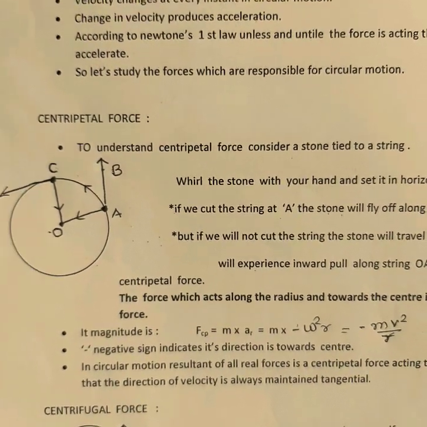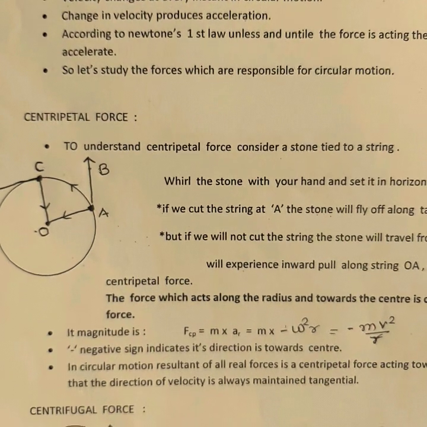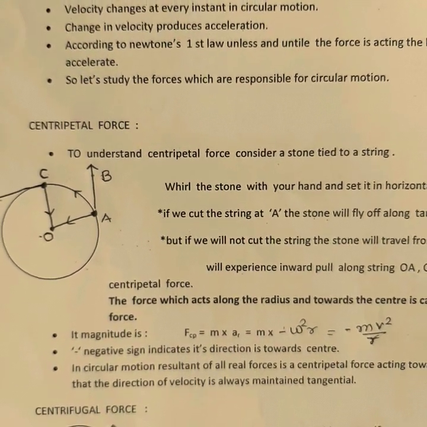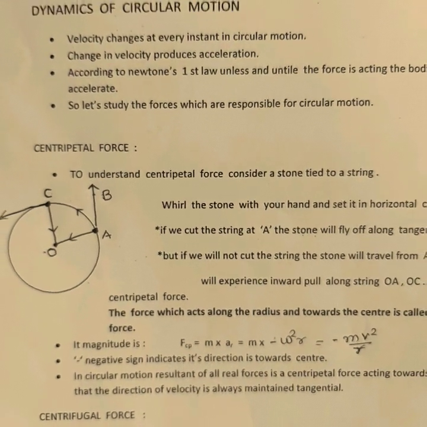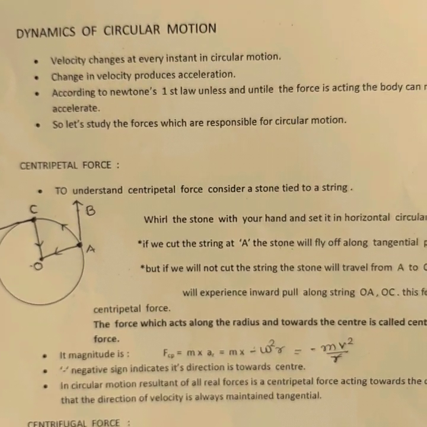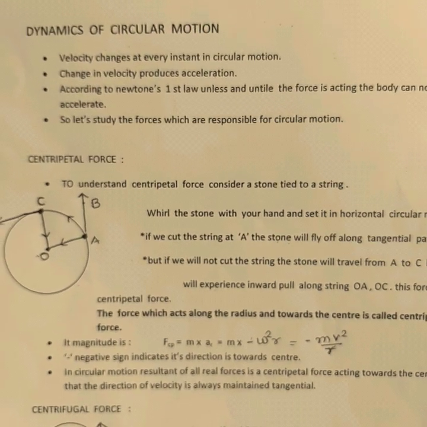To understand this centripetal force, consider a stone tied to a string. Whirl the stone with your hand and set it in a horizontal circular motion.